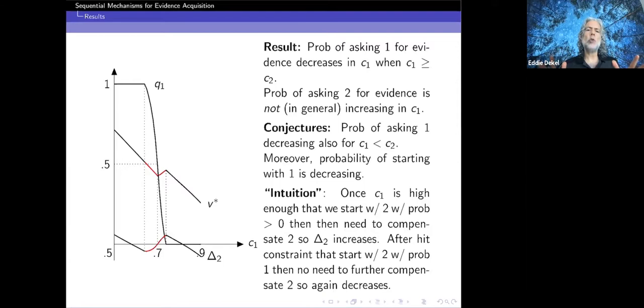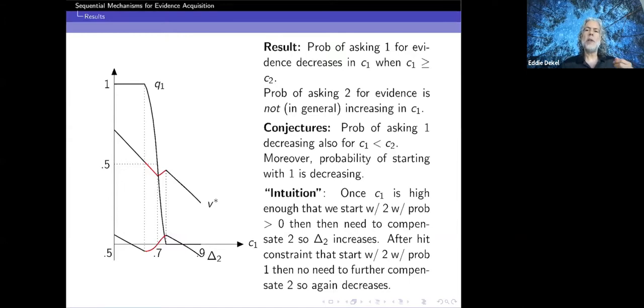Namely, imagine there's only two agents, and I'm going to start 50-50 with one or with two. When I start with two, and then one knows that I started with two, one is happy upon being asked for evidence. Not happy overall, I'm not caring about their joy. I'm just saying, assuming I approach them to ask for evidence, they know they're likely to get the good because they know two has a low value. If I start with one, then one doesn't have that extra information.